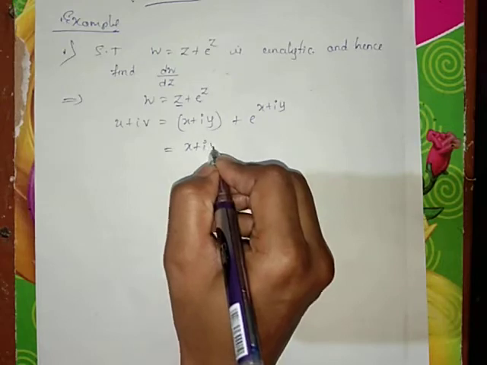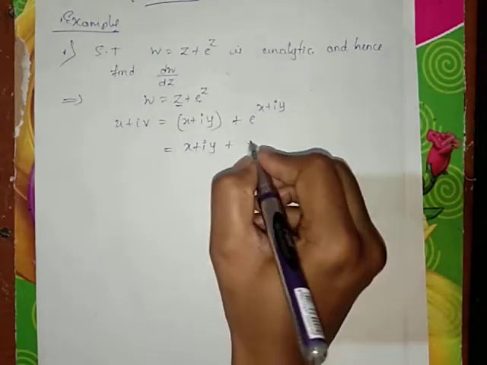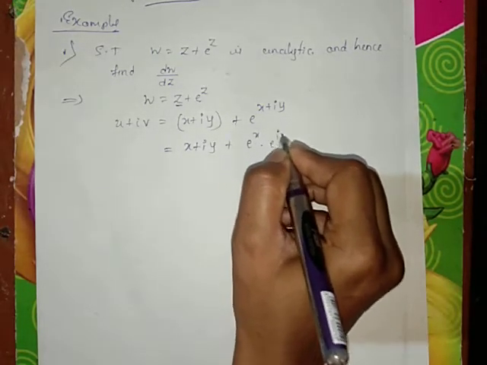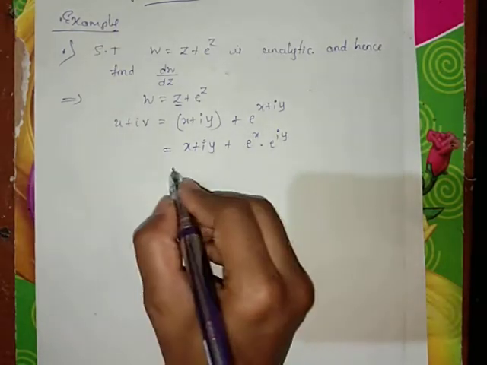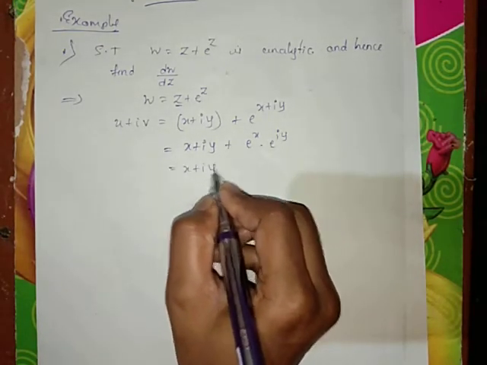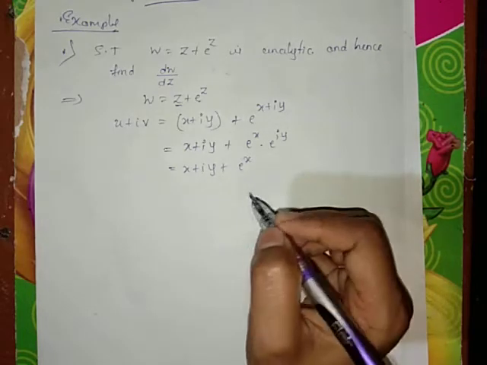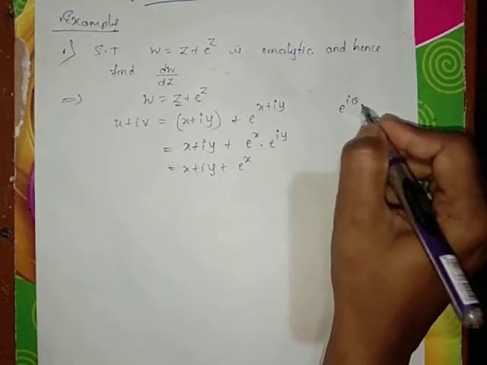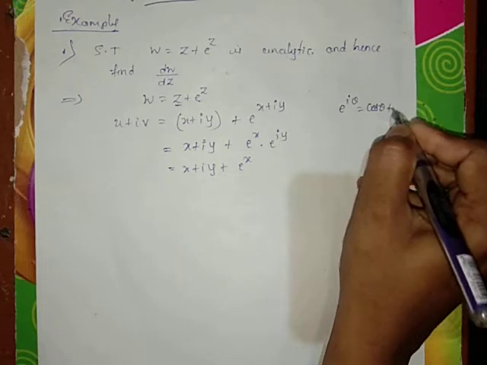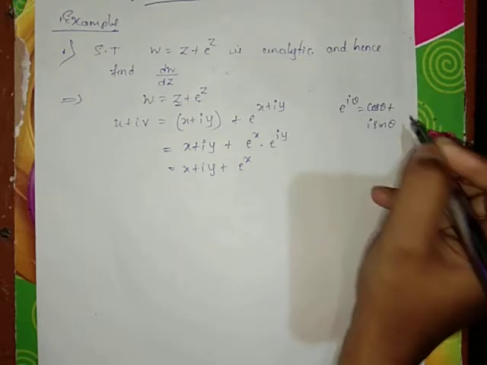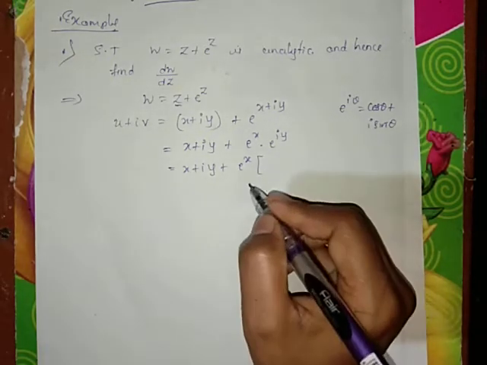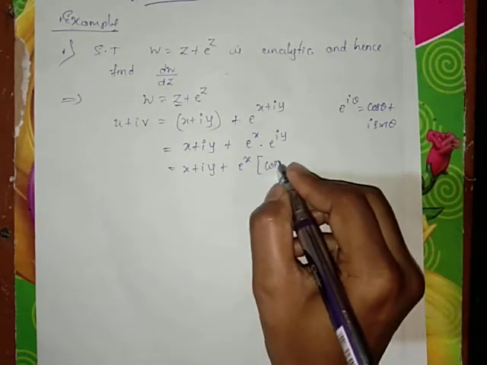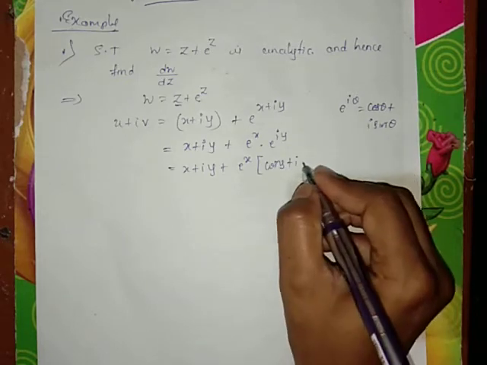So x plus iy plus e raised to x into e raised to iy. Now we know that e raised to i theta equal to cos theta plus i sin theta, so we take the substitution here: e raised to iy equal to cos y plus i sin y.